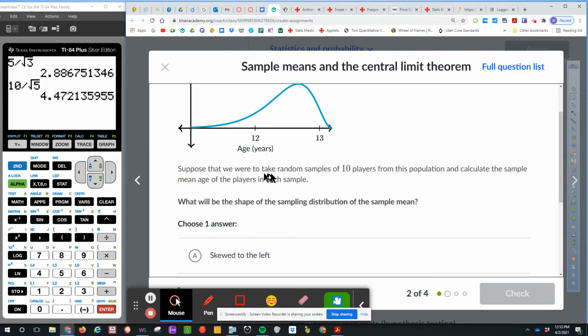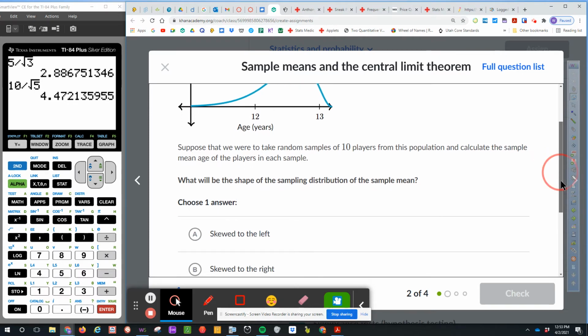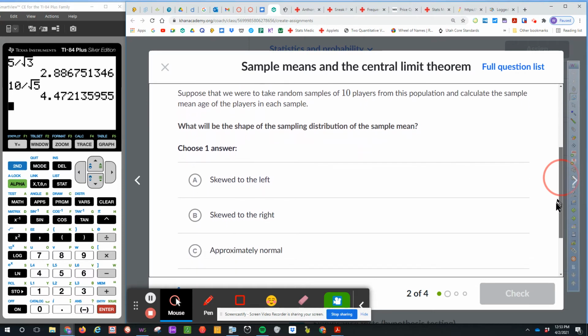So suppose that we were to take a random sample of 10 players. So the sample size is 10, not very big, from this population, and calculate the sample mean age of the players in each sample. What will be the shape of the sampling distribution of the sample mean?